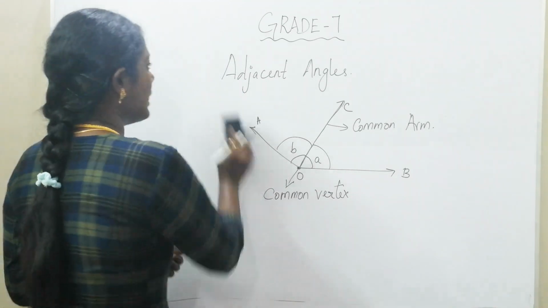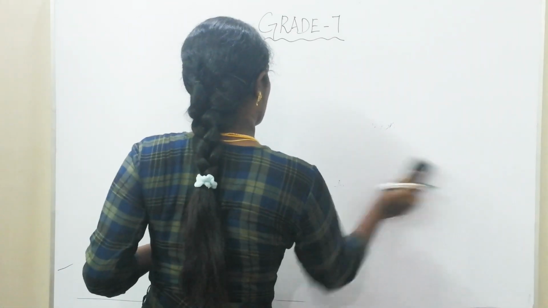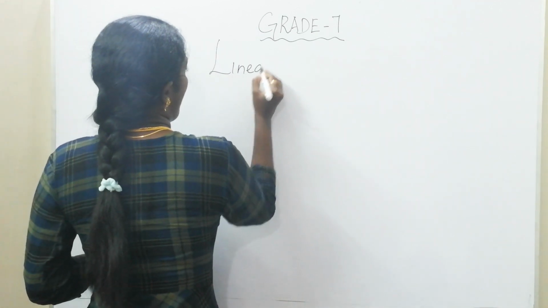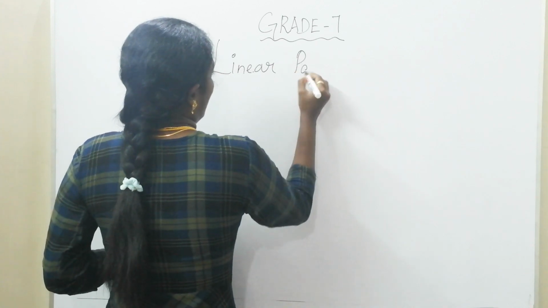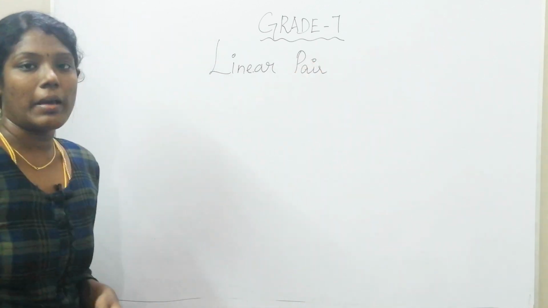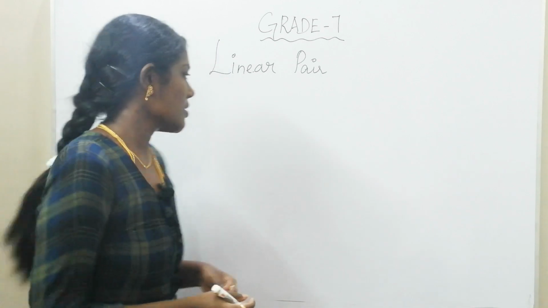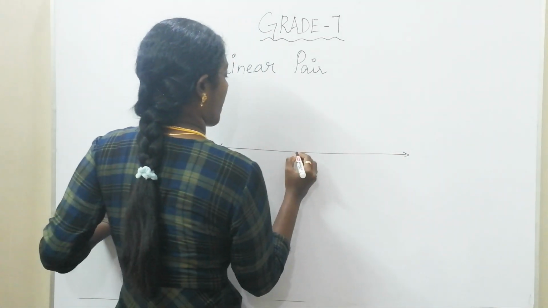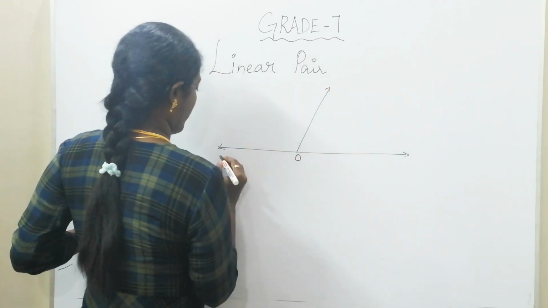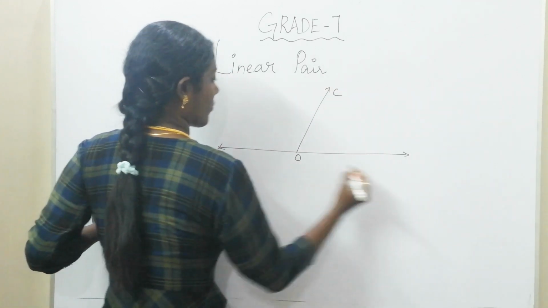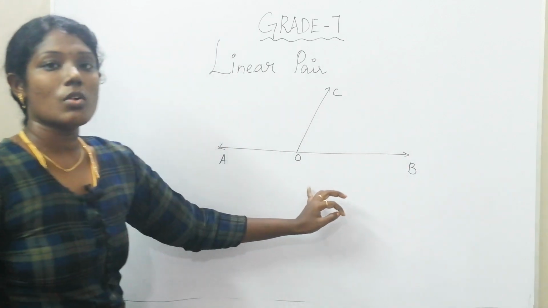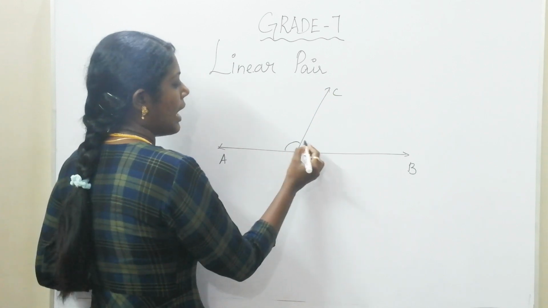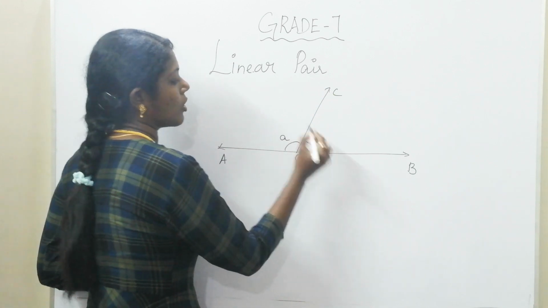Then what do you mean by linear pair? See, linear pair is also a form of adjacent angles, but so this is also an adjacent angle where you have a common vertex O and a common arm C, and you have angle A and B which are called adjacent angles.